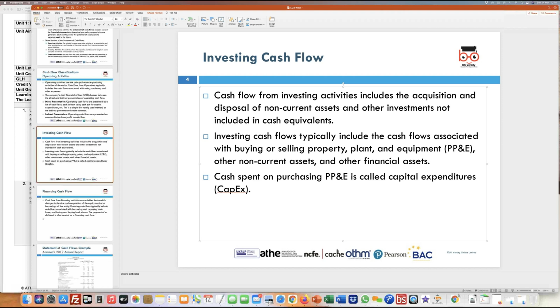Some examples of non-current assets could be investments the company is making into things like intellectual property or plant equipment, where the company will not be able to realize the benefits immediately, and that would happen over a period of time.